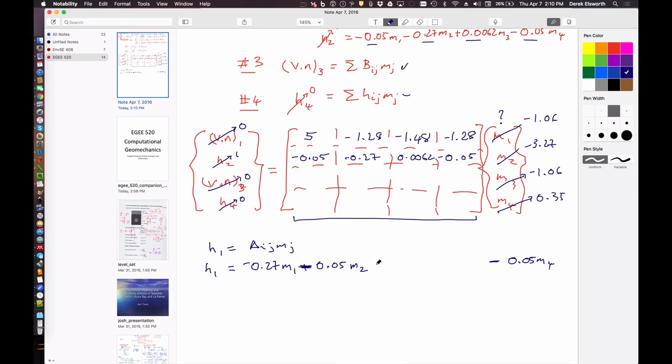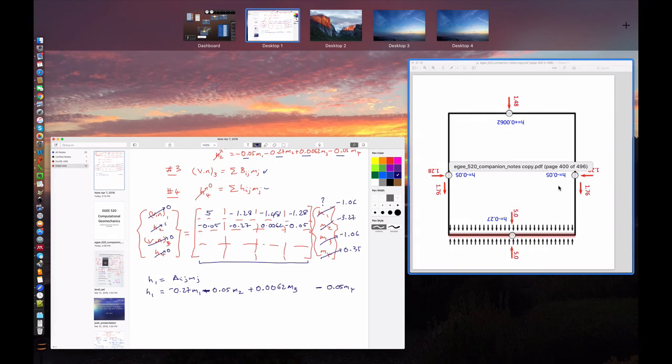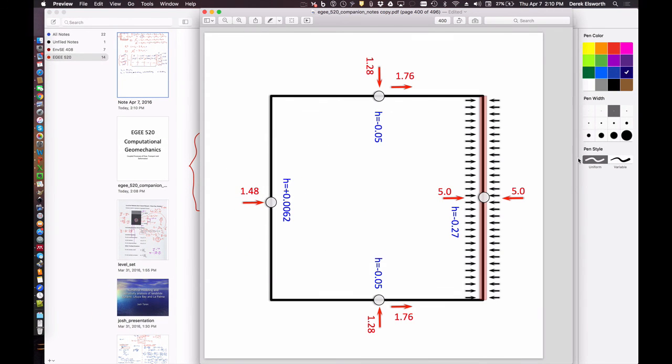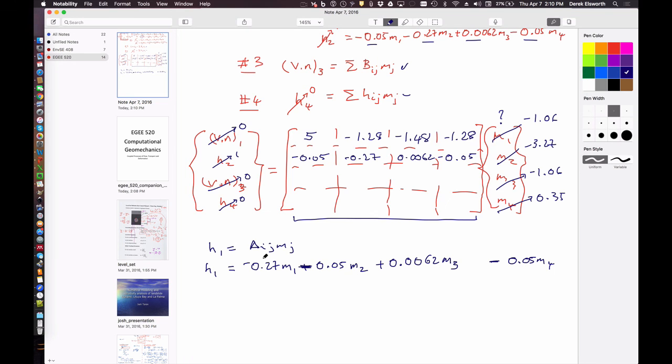So this is plus 0.0062 times M3. And if you wanted to, we could just do the last one, L, which, just to confirm, that this is the self-influence. And so now, actually, we don't have to do the whole suite of equations because we know that this value here is equal to this.